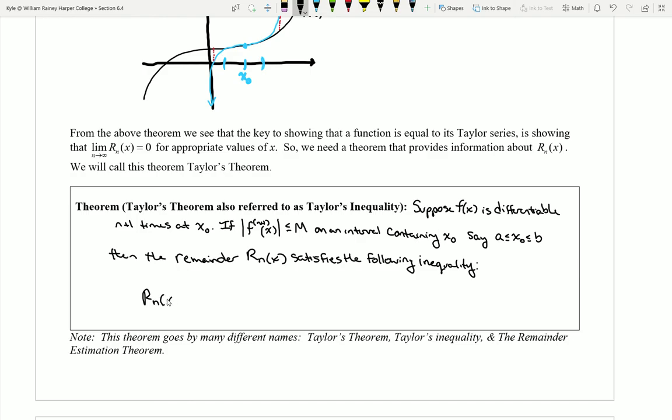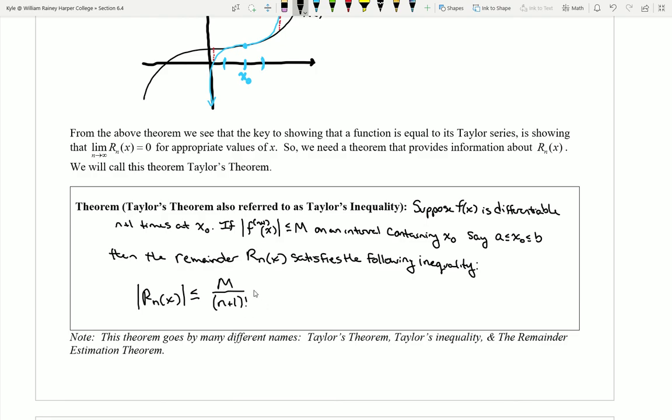Here's a property that must be true about my remainder. If I absolute value the remainder, so again, I don't care if I get a positive gap or a negative sized gap, but whatever gap I get after absolute valuing must be smaller than or equal to the following fraction. So I'm going to have m, that number that's here, put on top.